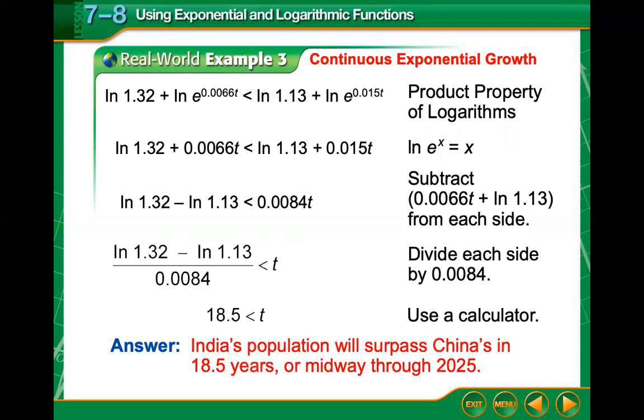You can just go ahead and solve, and then you would find that we get about 18.5 years, midway through 2025.